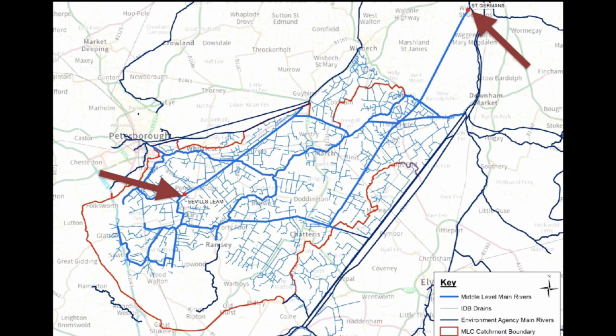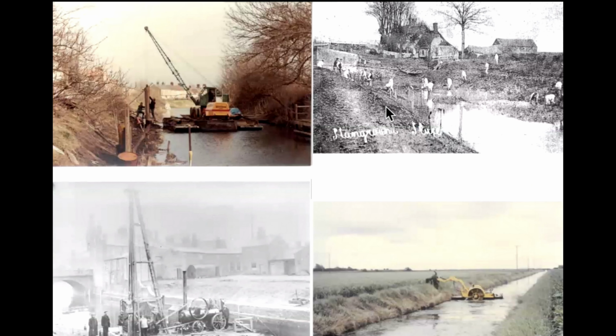Now, in order to maintain this system, lots of different activities have to be undertaken, and I just picked out some of my favourite photographs here of activities being done through the ages.